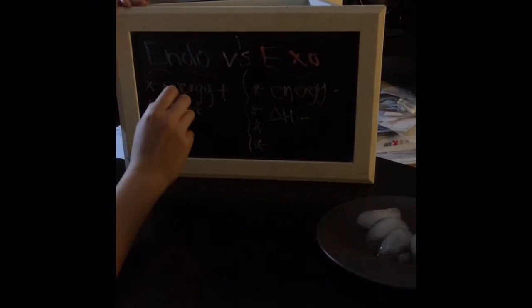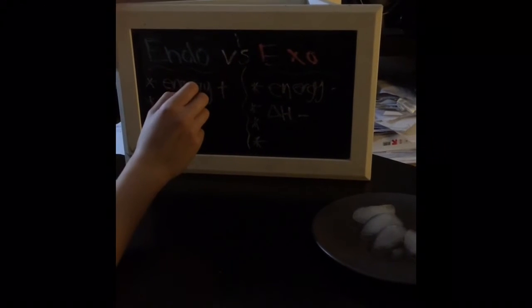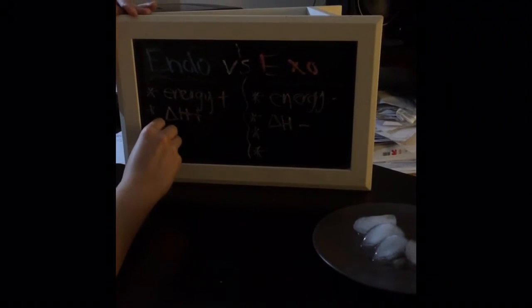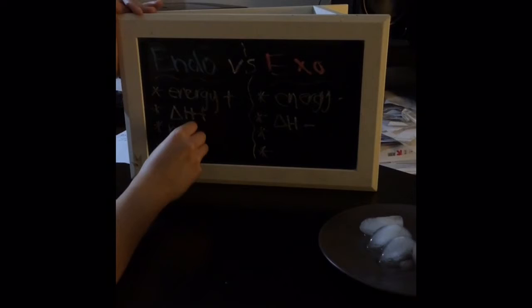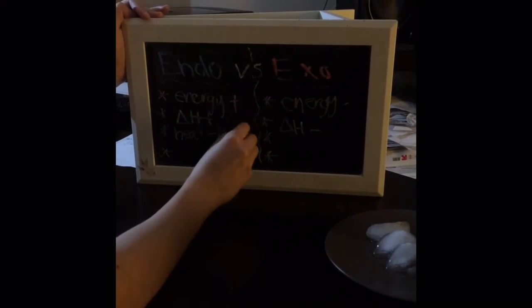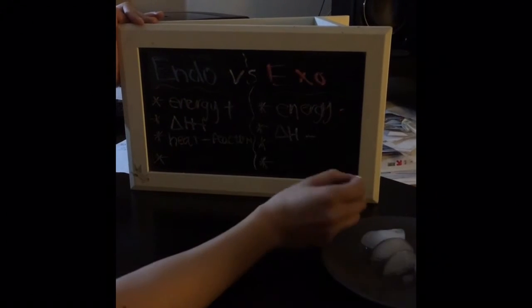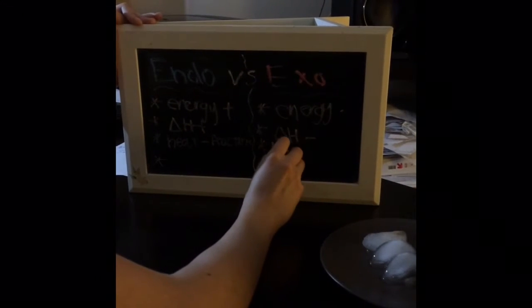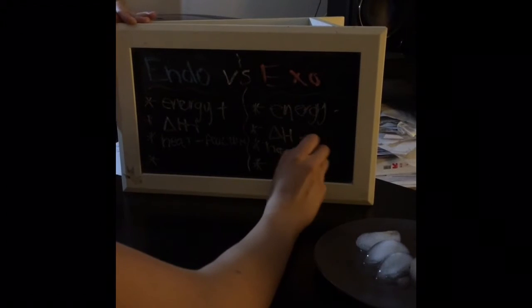In an endothermic reaction, if you're adding heat, it acts as a reactant, so it goes on the reactant side. And in an exothermic reaction, heat acts as the product, so it goes on the product side.